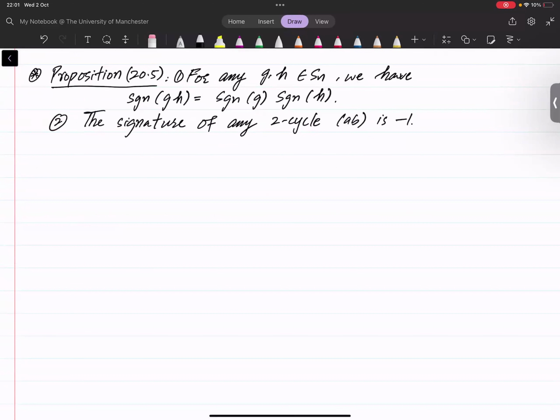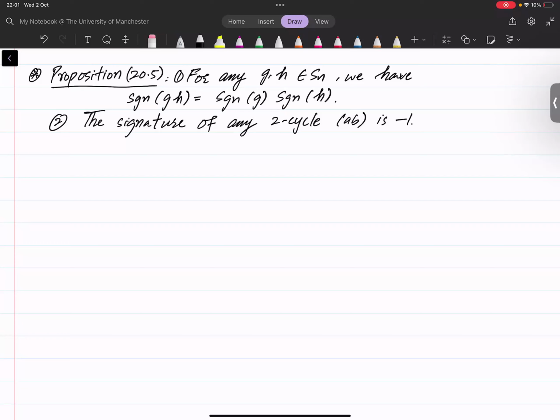Now, it's easy to prove, but there is a lot to discuss in this chapter. So we will give another proposition, which will reduce the amount of calculation needed to find out which permutations have positive and negative signs.